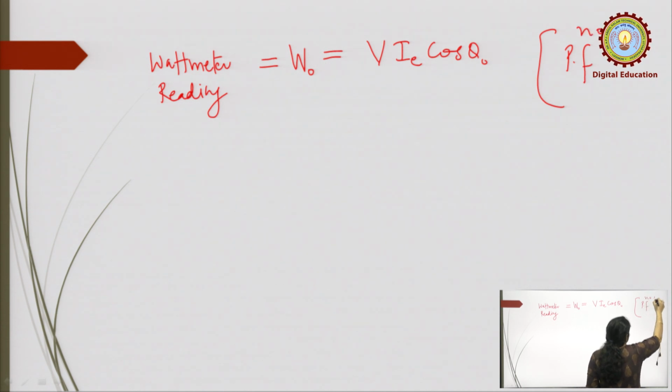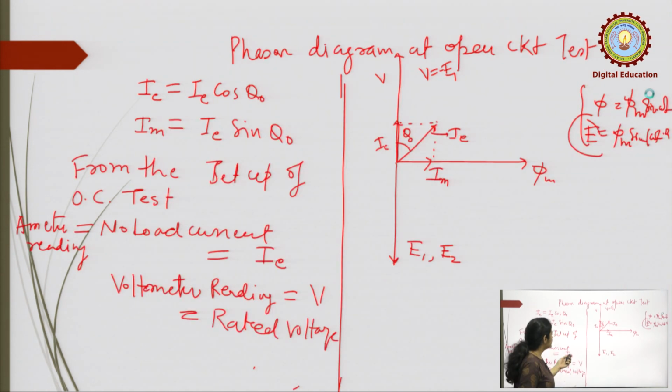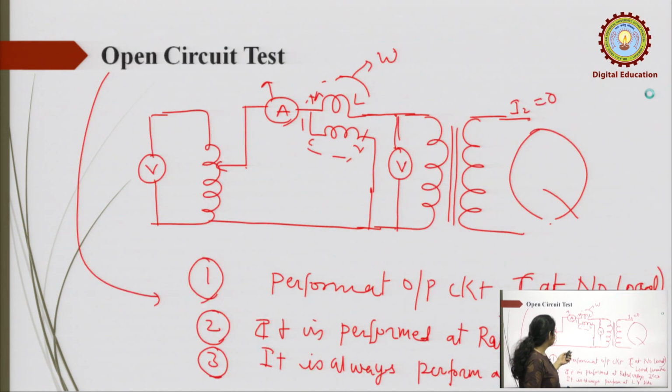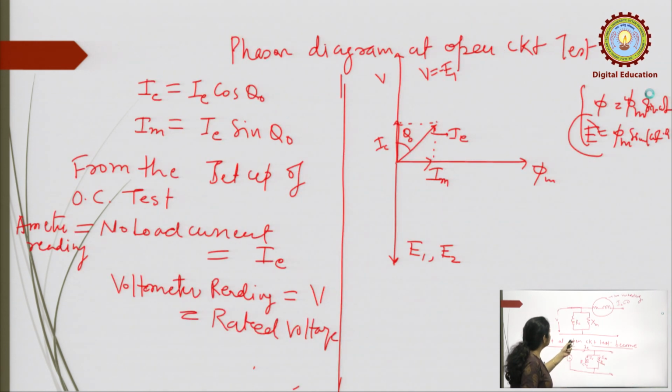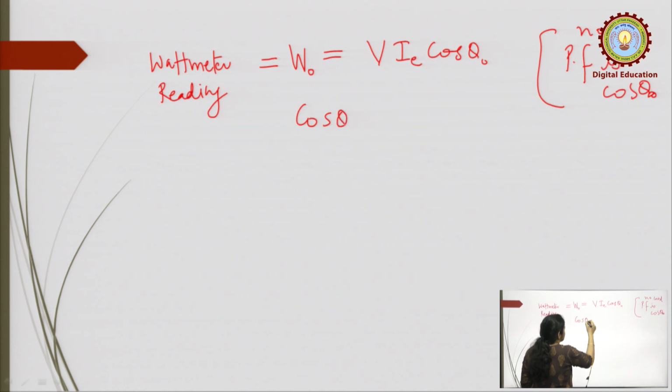The wattmeter gives you the power, that is W0 is equal to V I0 cos theta 0, because it is an open circuit, so all the power is consumed in this circuit only. From that you will get cos theta 0.